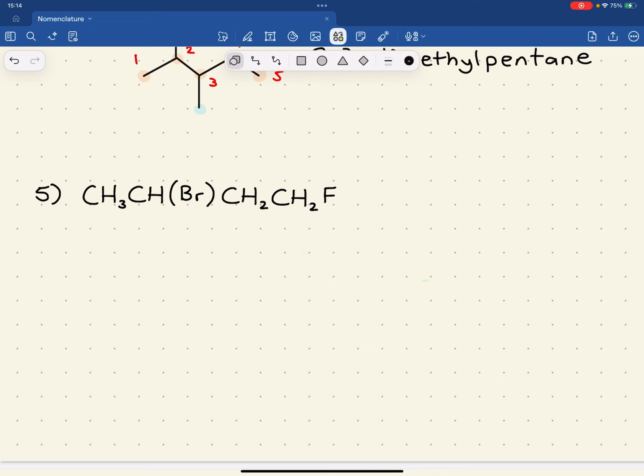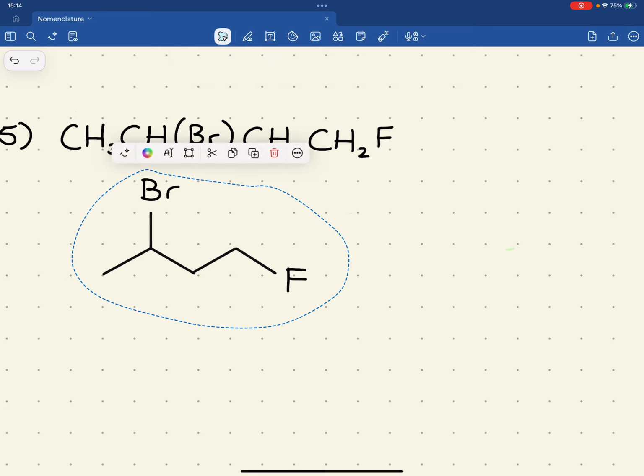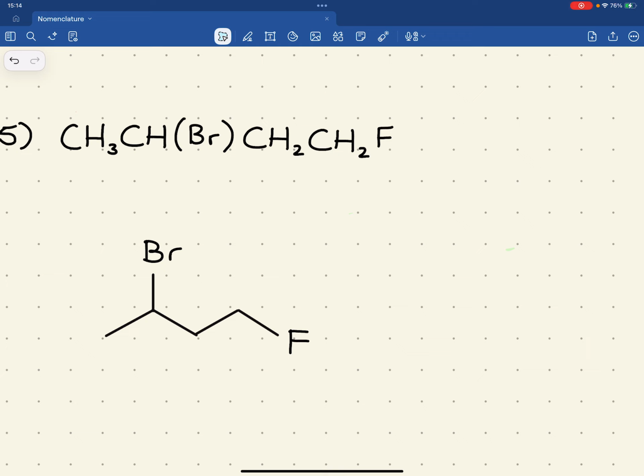And again, let's draw this as a skeletal. So we've got an F here, and we've got a Br coming there. And I'll just move this a little bit lower down because there's more space. Again, to number this, we need to number it so the numbers add up together to be the lowest number possible.